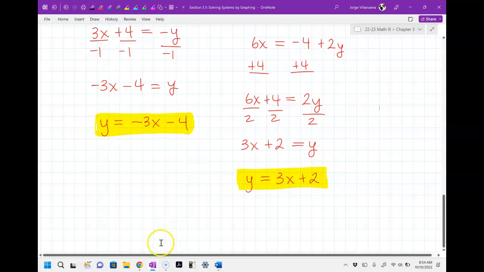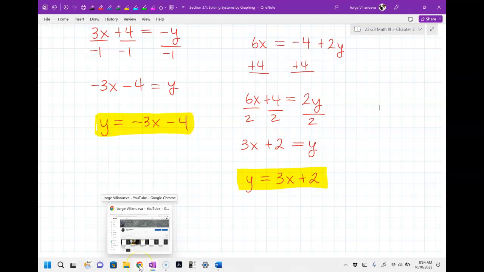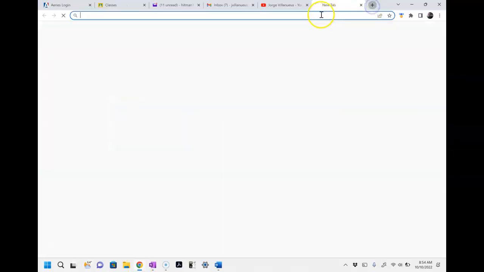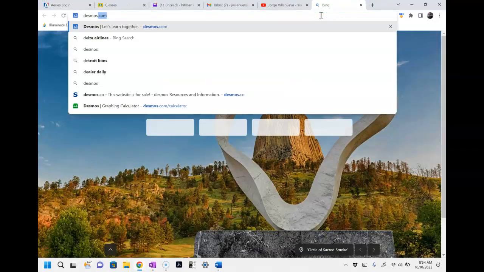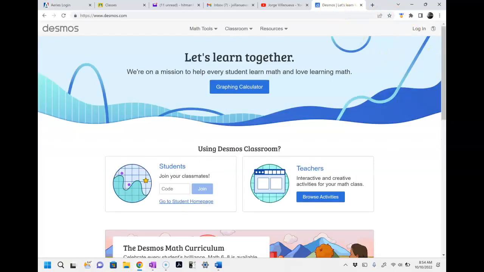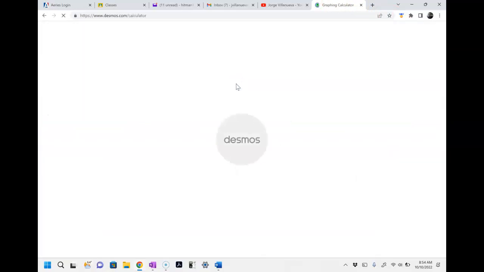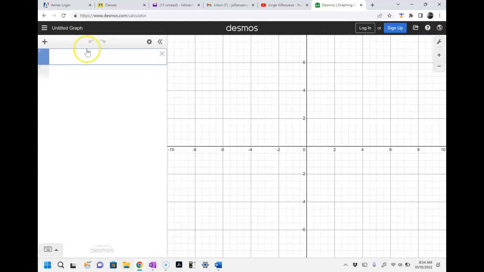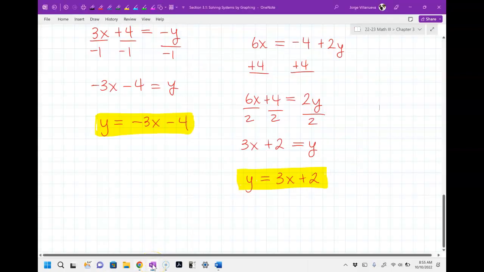And again, how do you use Desmos with this? Let me just show you in case you don't remember. It's just desmos.com. One of the equations was negative 3x minus 4, and the other one's 3x plus 2.